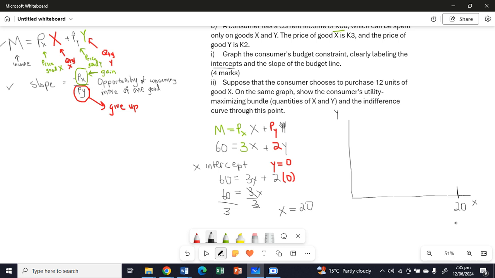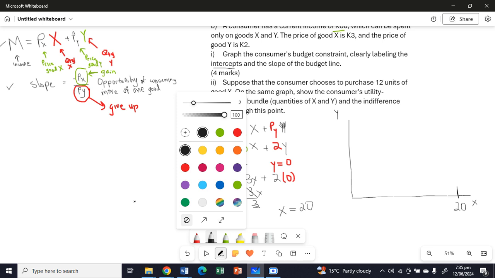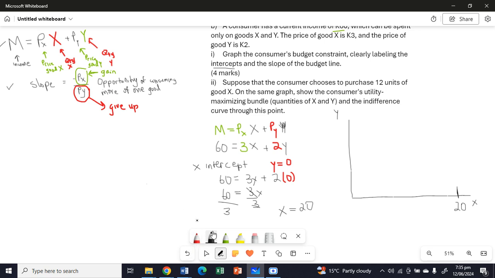Any questions before I get the y-intercept?